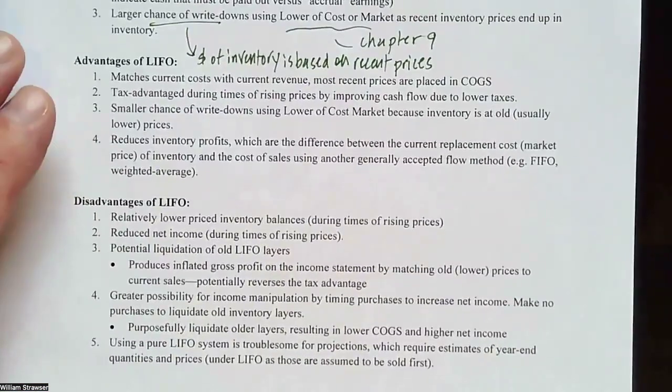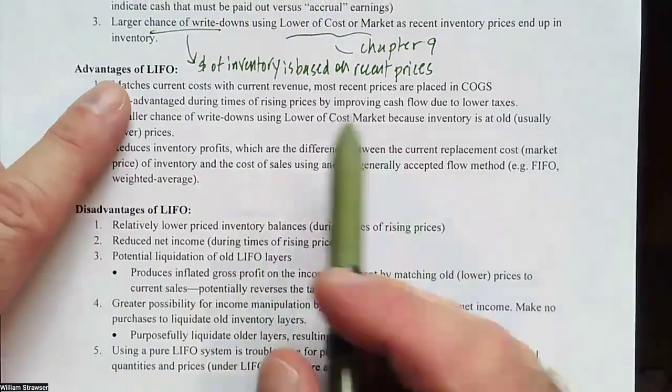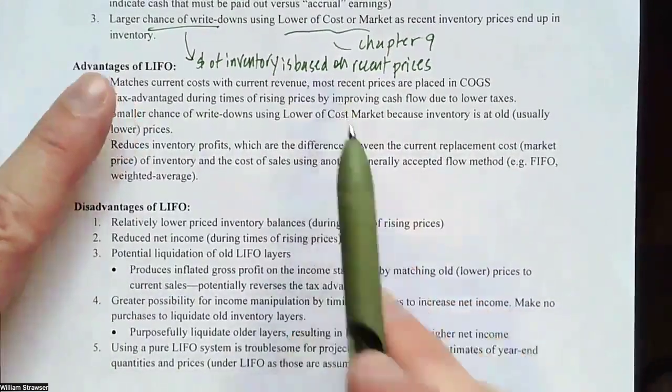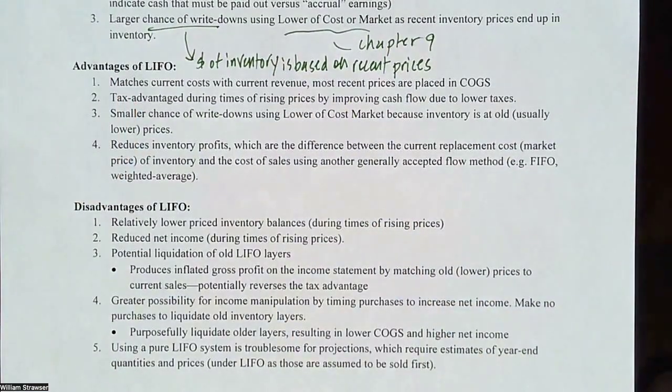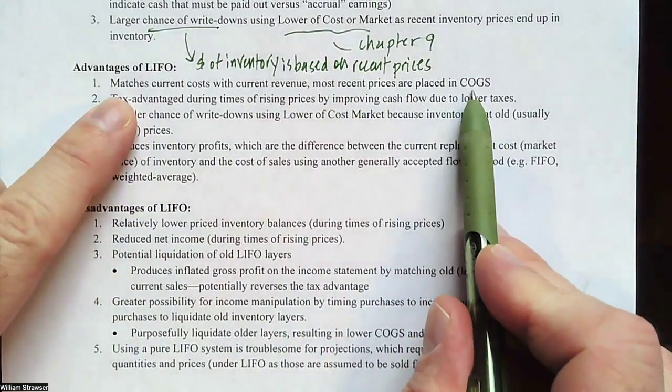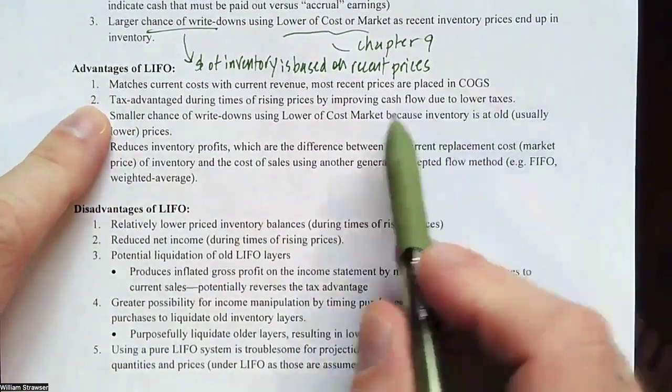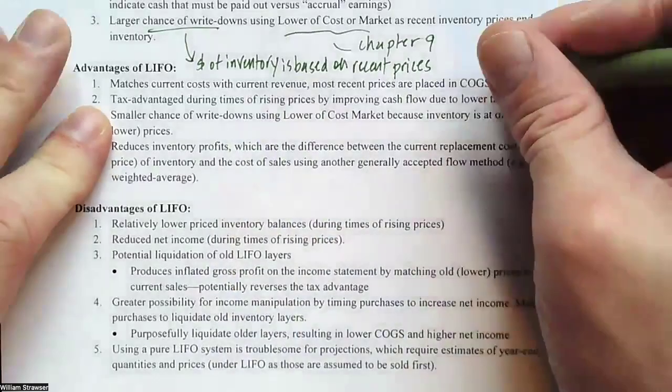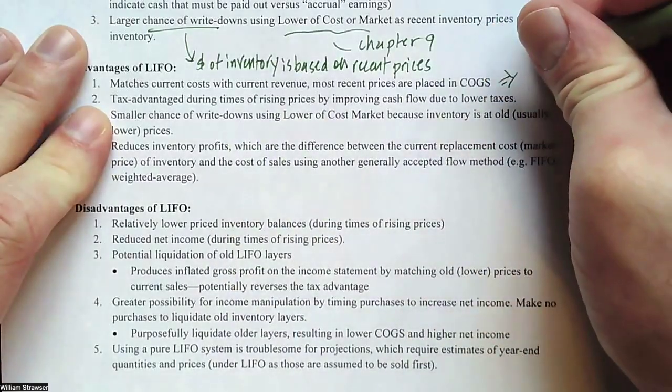Advantages and disadvantages of LIFO. Okay, it really does match the most current trends in inventory prices against our sales this period, right? So we have recent information being placed in cost of goods sold. It is tax advantaged as well because it does increase cost of goods sold.